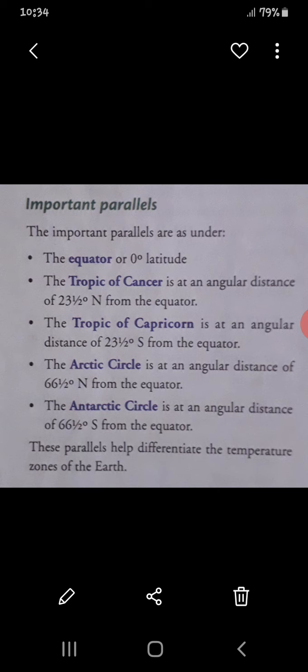Arctic Circle at 66.5 degree north of the equator, and Antarctic Circle 66.5 degree south of the equator. So these parallels will help us when we learn about the temperate zones, how to locate the temperate zones, etc.